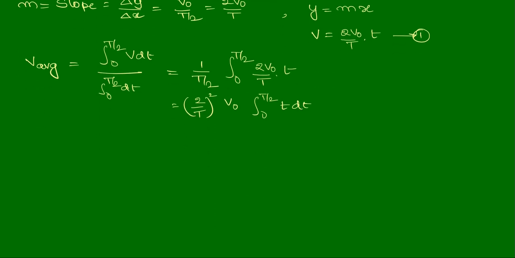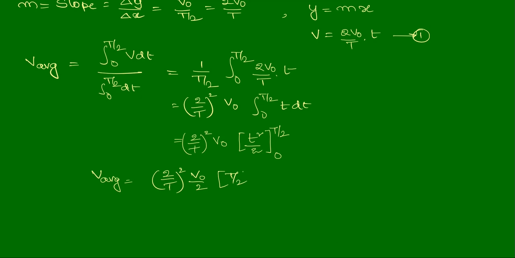So from this, this will be equal to 2 by T whole square V naught integration of t, it will be t square by 2 over 0 to T by 2. So V average value we can write like this: 2 by T whole square into V naught by 2 into T by 2 whole square. These two get cancelled. We'll have V average value as V naught by 2.